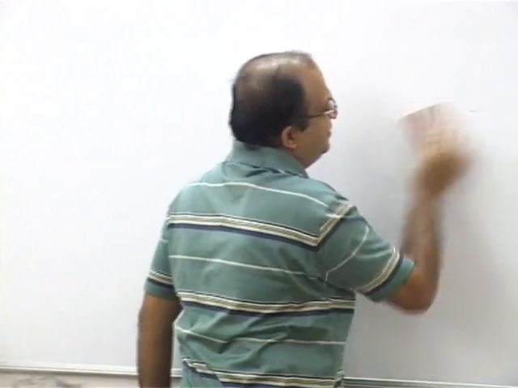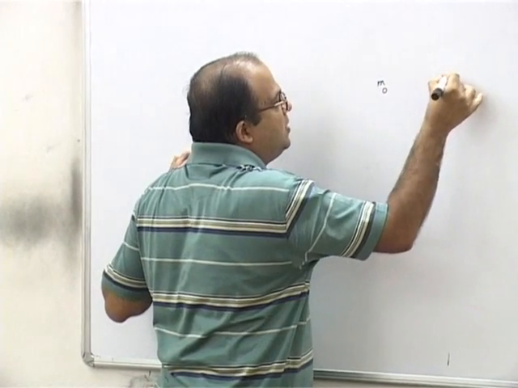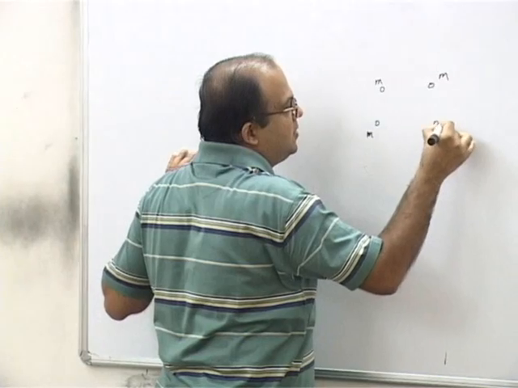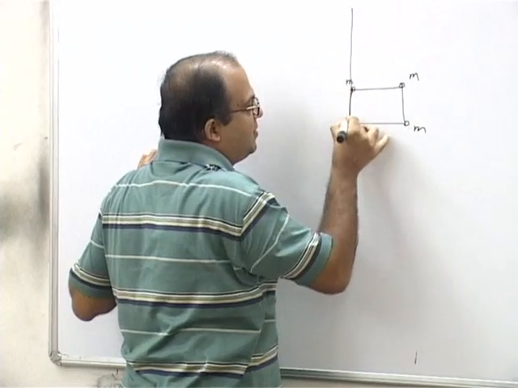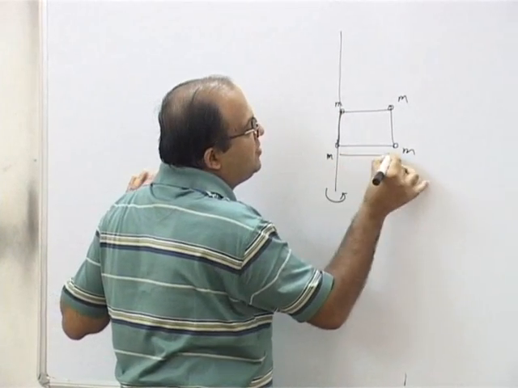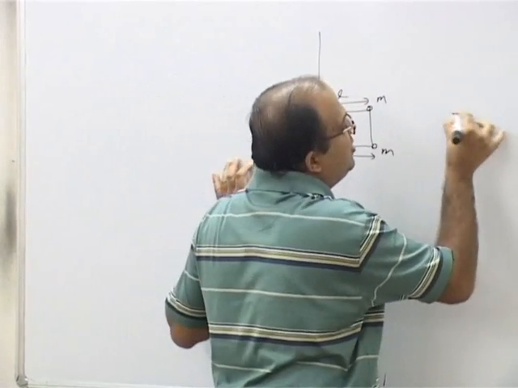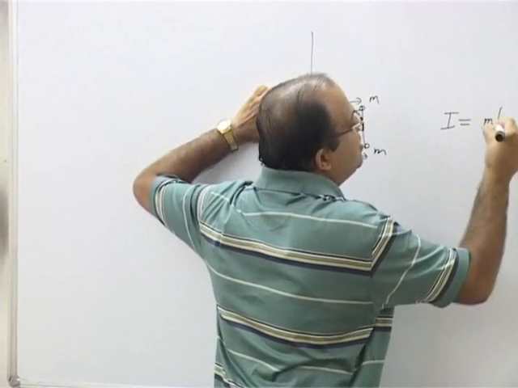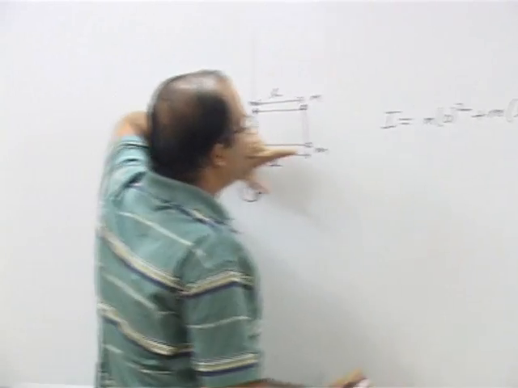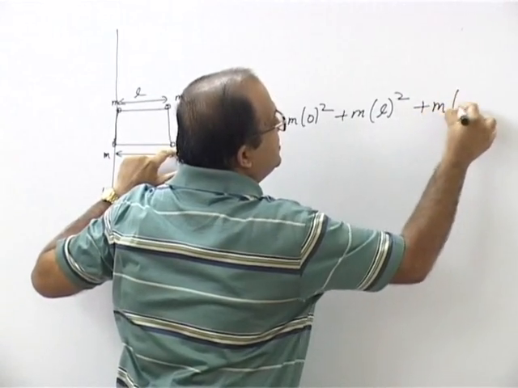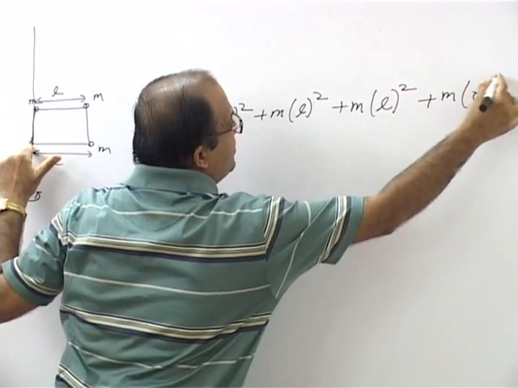Let us take another axis. The same 4 point masses are there. And now let us take this as the axis. The distance of this point mass will be L, of this point mass will be L. The moment of inertia will become this m, the distance of 0, plus this m, a distance of L, plus this m, again a distance of L from the axis of rotation, and finally this m, a distance of 0 from the axis of rotation.